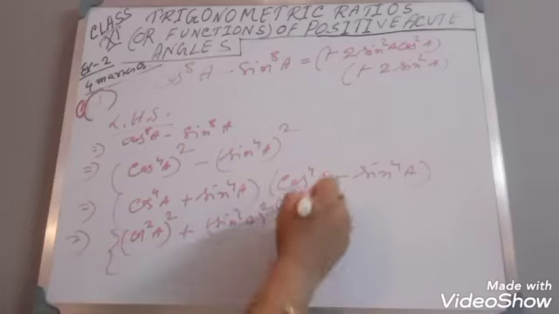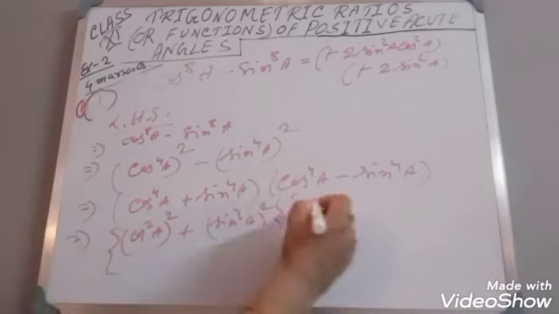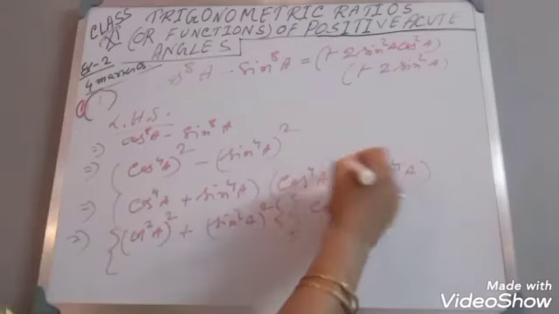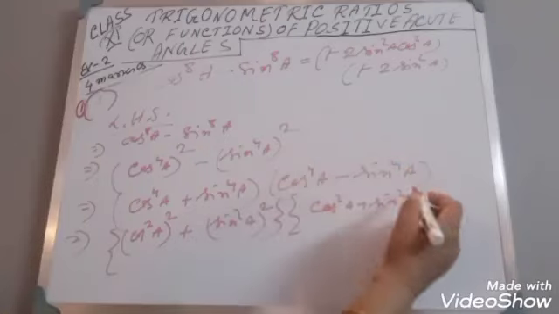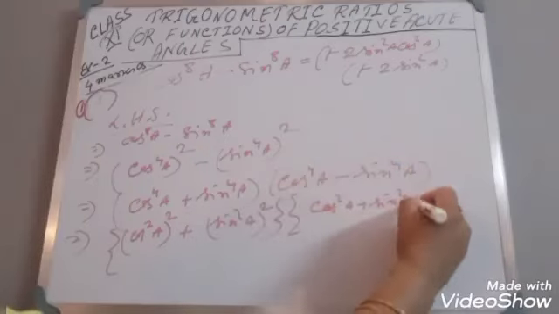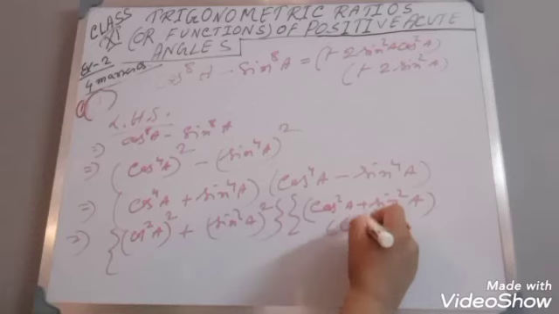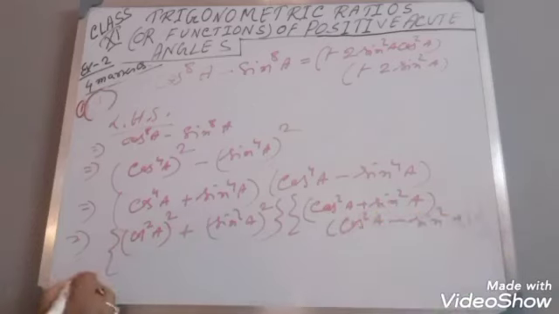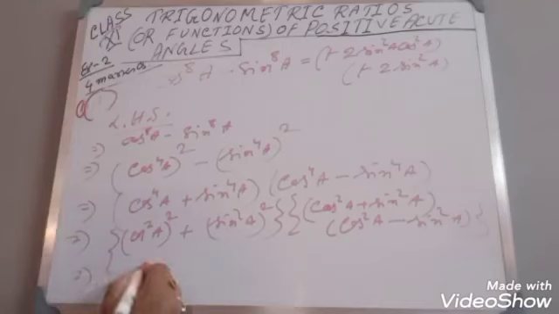Okay. And this part is coming, cos square a plus sin square a, automatically square of square, so it is again will come a square minus b square form, so it will be minus sin square a. Okay, now a square plus b square form, that is equals to a plus b whole square minus 2ab.